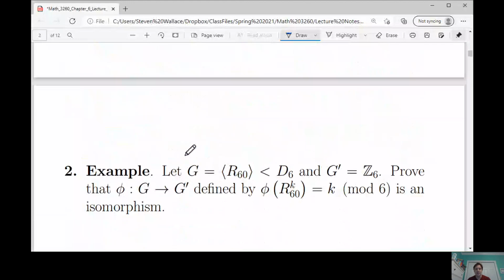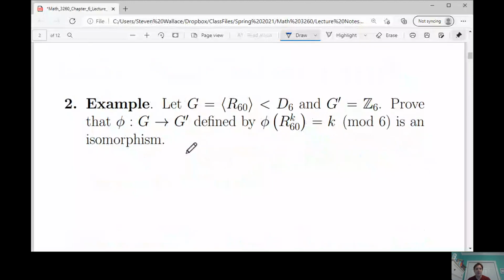So here, for example, is an isomorphism. We take the cyclic group generated by the rotation by 60 degrees inside D6.